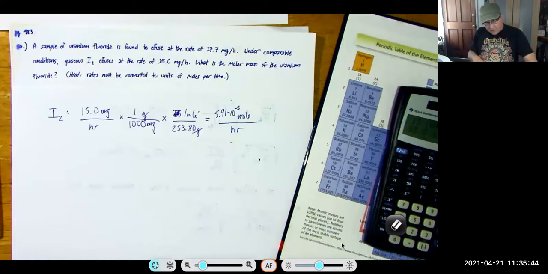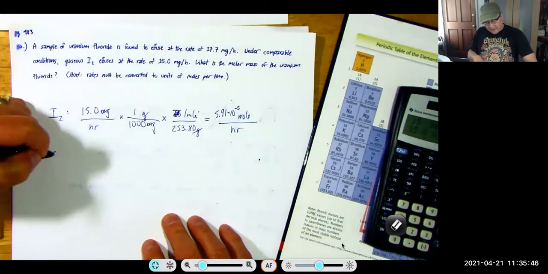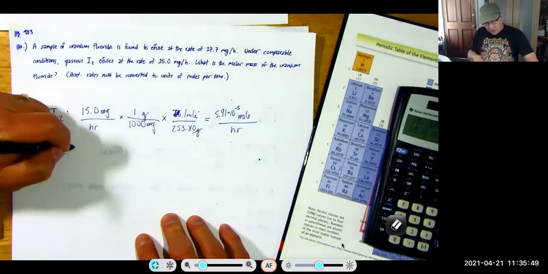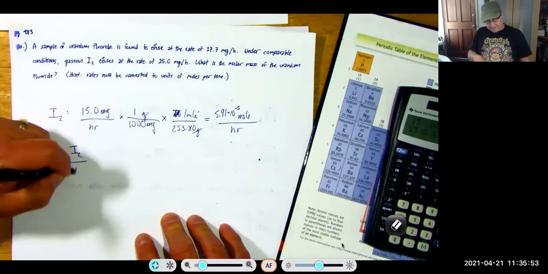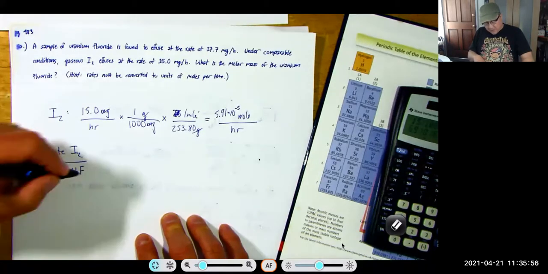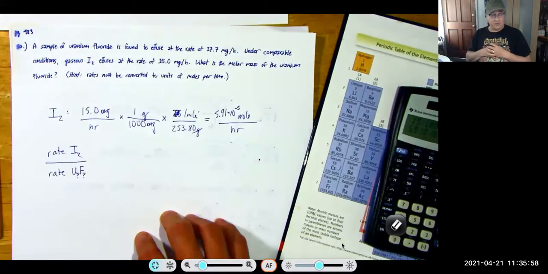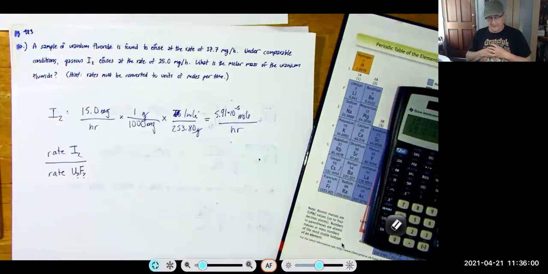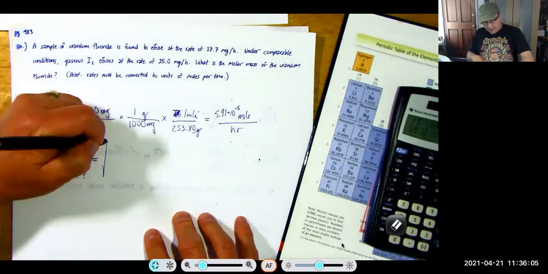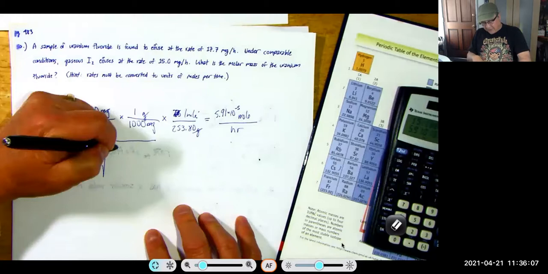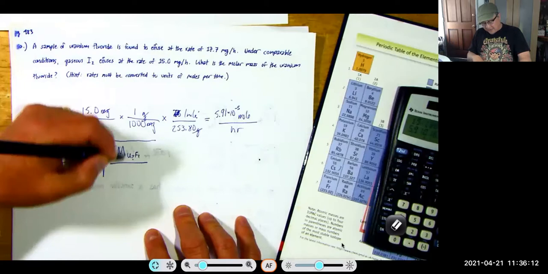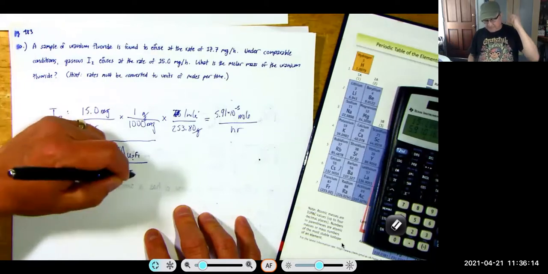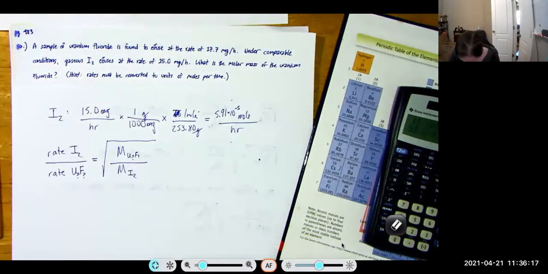Now, we know that the rate of I2 over the rate of the UF, and here I'm putting question mark, because we don't know what the subscripts are, right? Is equal to the molar mass of U question mark F over the molar mass of I2. Right.